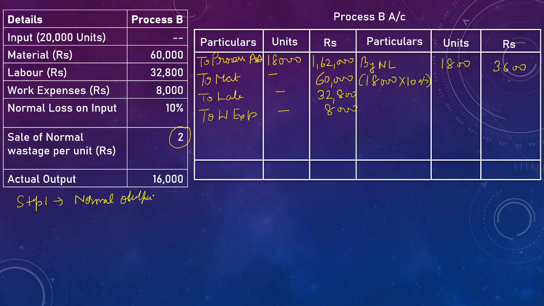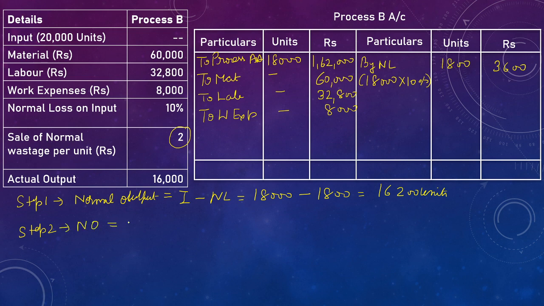and the formula to calculate normal output is input minus normal loss. Here our input is 18,000 units and our normal loss units are 1,800, so our normal output here is 16,200 units. In the next step we compare this normal output with actual output.